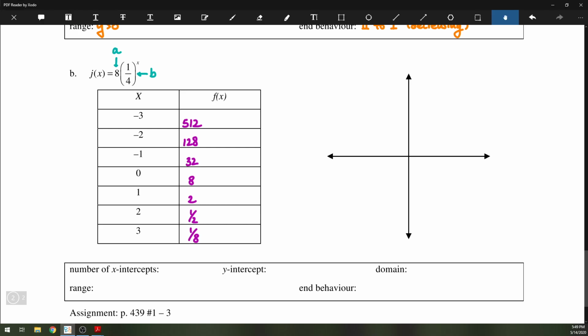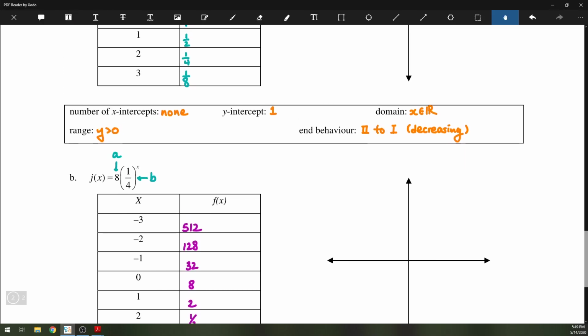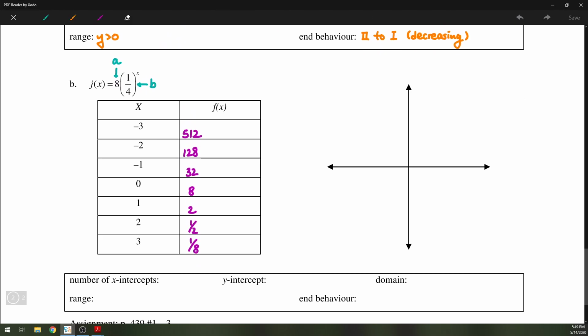So again, very similar to the previous example. Exponentially decreasing graph with a y-intercept of 8. So something that looks like this. Okay. Again, no x-intercept.